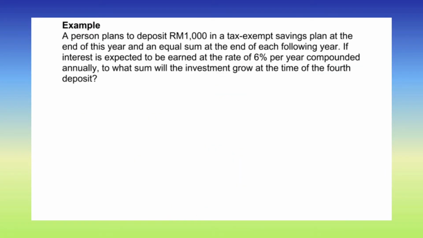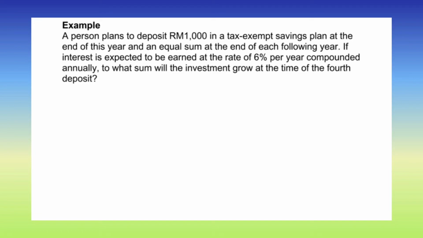Next example. A person plans to deposit RM1,000 in a tax-exempt saving plan at the end of this year and an equal sum at the end of each following year. If interest is expected to be earned at the rate of 6% per year compounded annually, to what sum will the investment grow at the time of the fourth deposit?